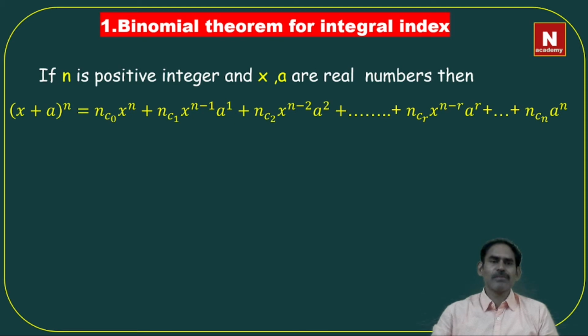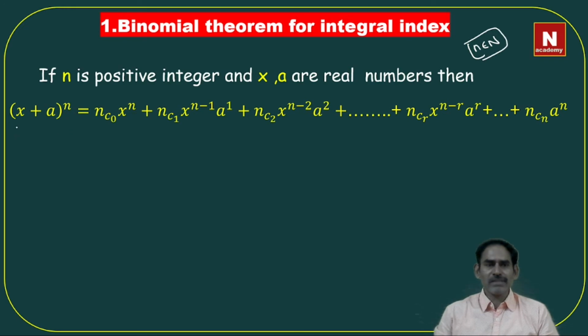See here, n is positive integer means like natural numbers. N belongs to natural numbers, remember. Next, observe this series on the right hand side. Here index is n, that's why we are writing these nC0 to nCn last. nC0 starting, nCn last.